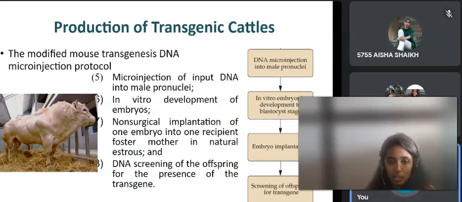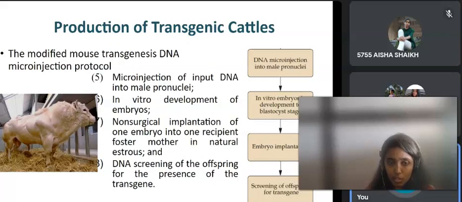And then, remember yesterday I told you, until the blastocyst stage. Until that stage, I am going to develop it, and then I will implant this embryo into a foster mother, but without any surgical process. It is done non-surgically. This is called non-surgical implantation. Now, how do we do this? In natural estrus.